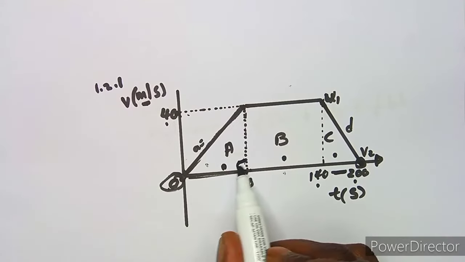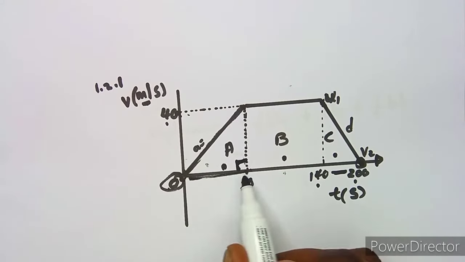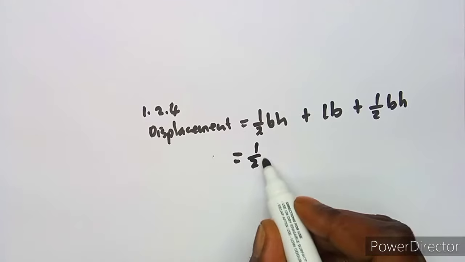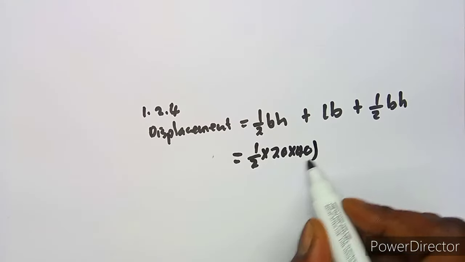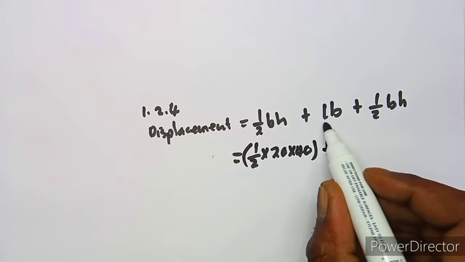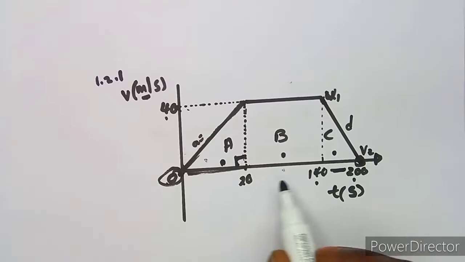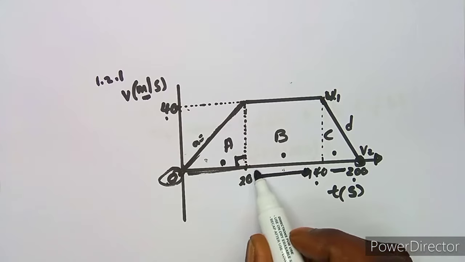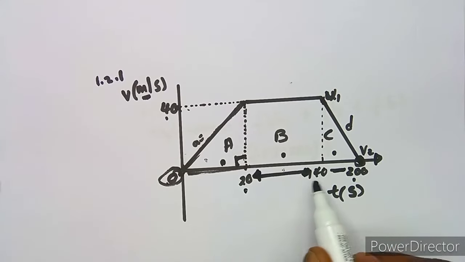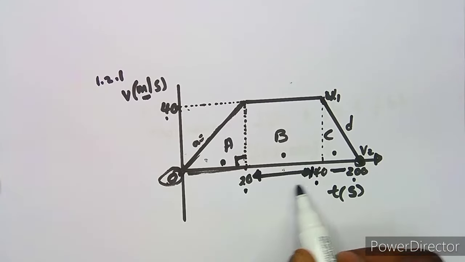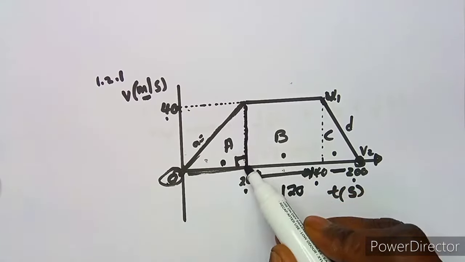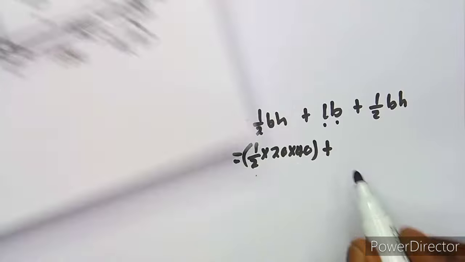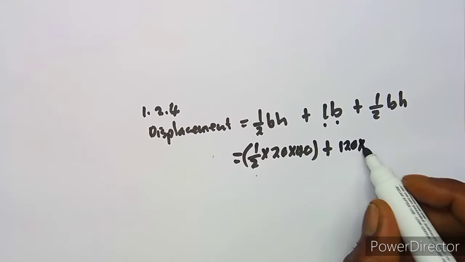So that's our perpendicular, which means at 90, half of 20 times 40. All right, so that's what you have, plus length times breadth. So the length is the difference between these two. So remember, this is 20, this is 140. So 140 minus 20, which is 120 here. Then this is our breadth, which is 40. So it's 120 times 40.